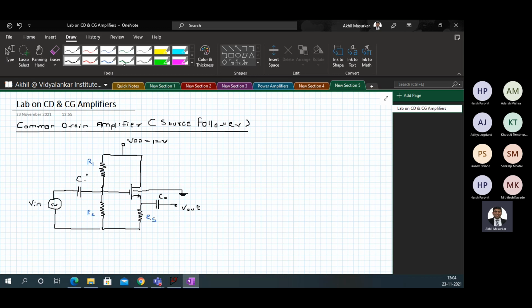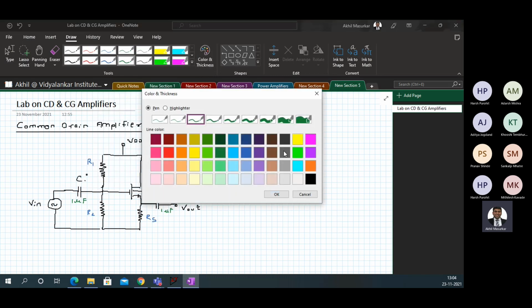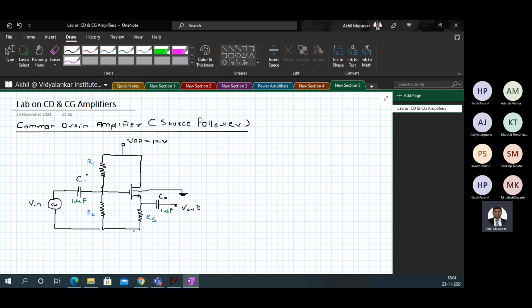Now let's assign the values. So this is 1 microfarad, this is also 1 microfarad. And this is 162 kilo ohms.